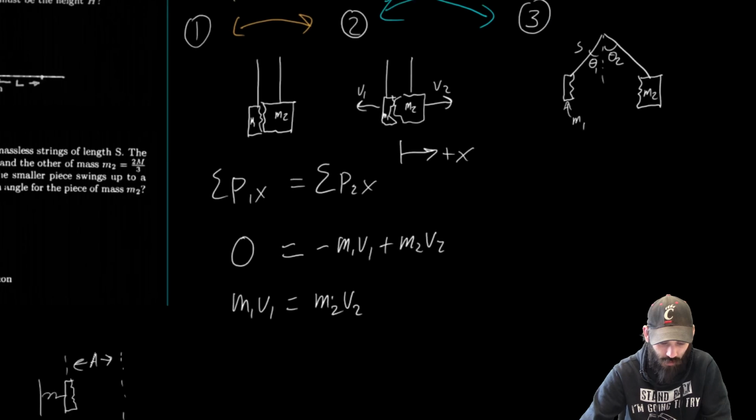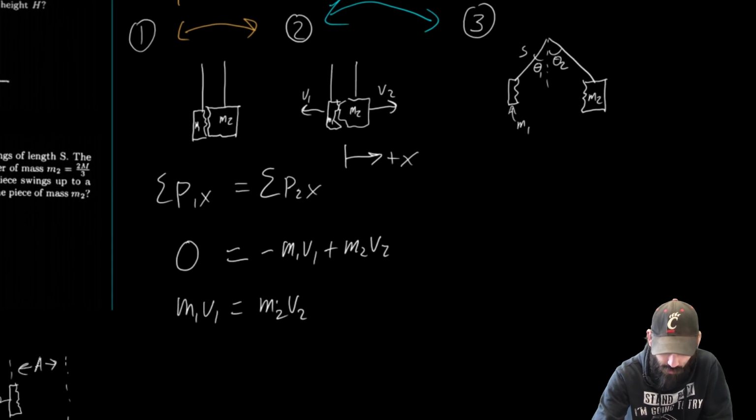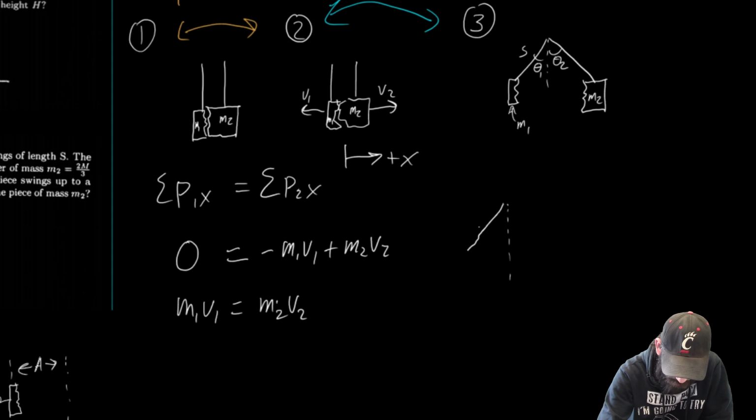Okay, so going from state 2 to state 3, we have to be careful here, because what we end up having is this distance S, and normally this was hanging down before, the same distance S. When we want to look at the height, this height is what we're after. Call this H1.